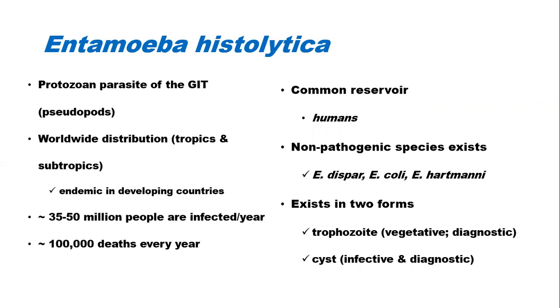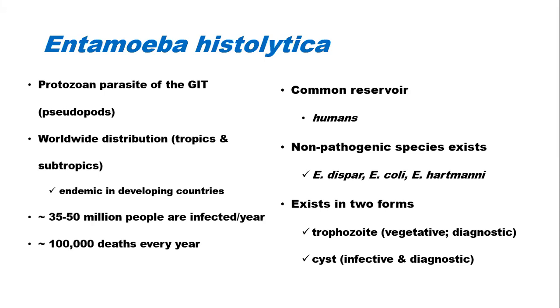One thing you should note is that non-pathogenic species exist, and you have to be very careful because at times they may introduce a bias when you are assessing a patient sample. So you have to keep this in mind, and you have to look for different characteristics that can distinguish the pathogenic form from the non-pathogenic form.